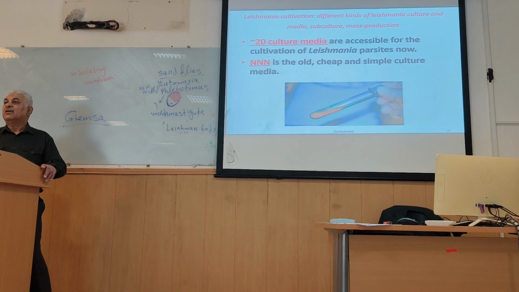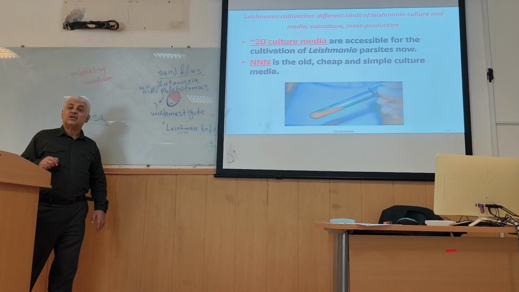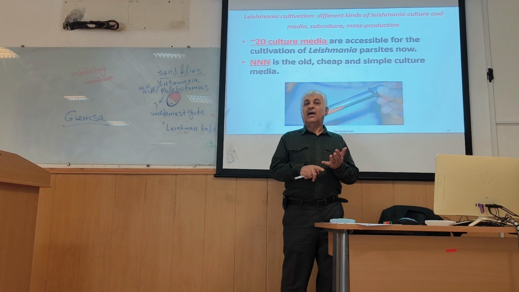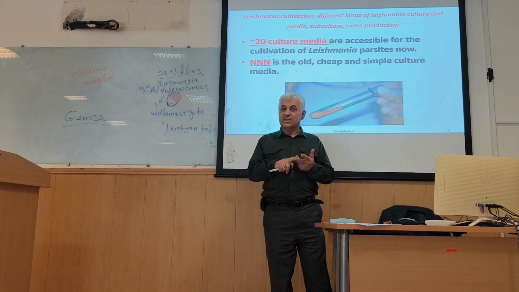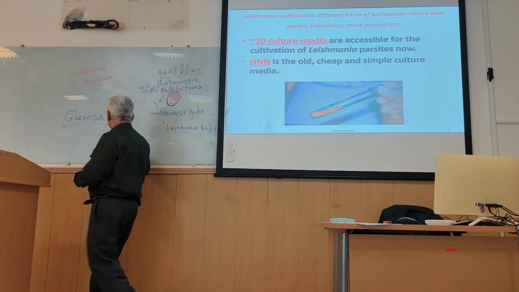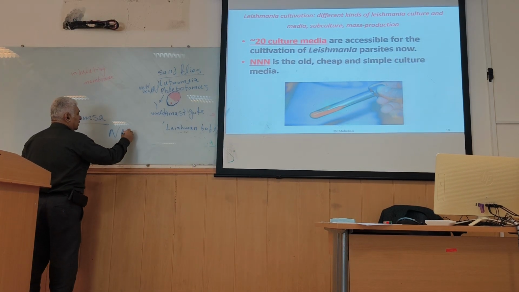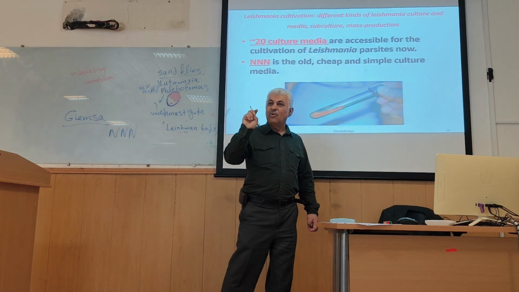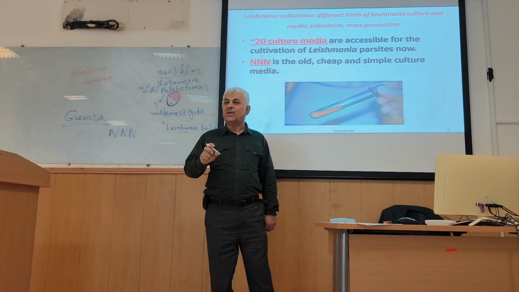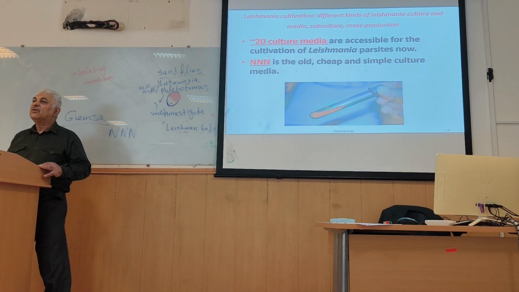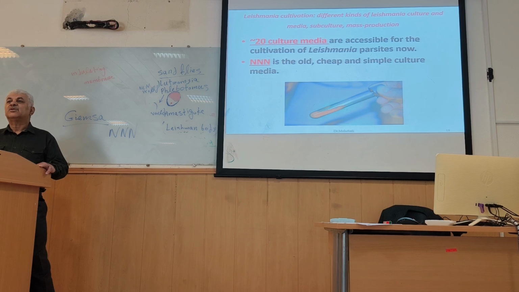At this time, we have at least 20 culture media for cultivation of Leishmania parasites. But the cheap, simple and oldest culture medium is NNN, an old, specific, simple and cheap culture medium for cultivation of Leishmania species.